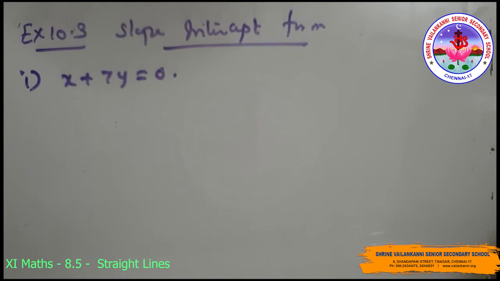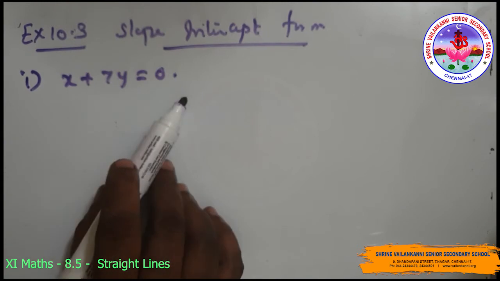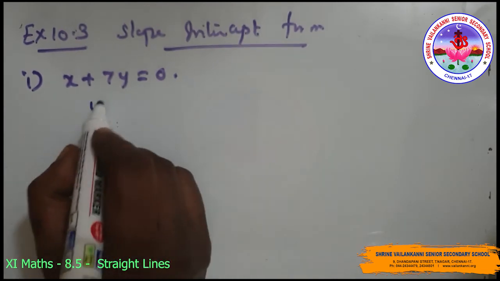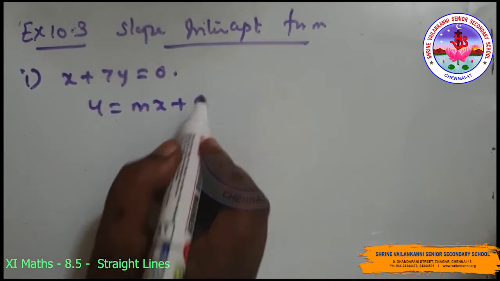Exercise 10.3. Reduce the following equations into slope intercept form and find the slopes and the y-intercepts. The equation is x + 7y = 0. We have to write this in the form y = mx + c.